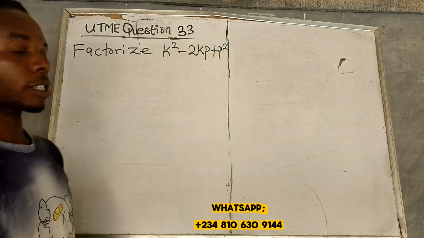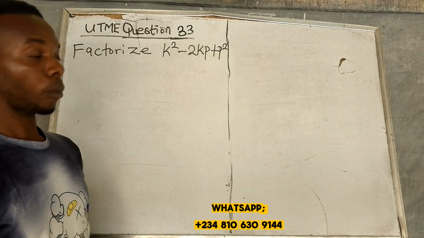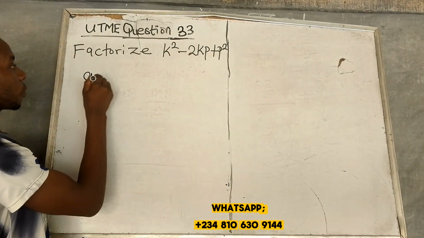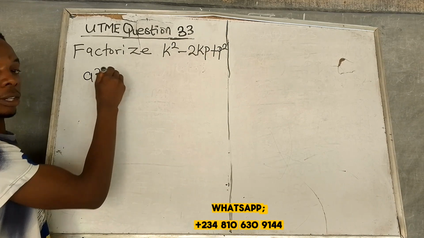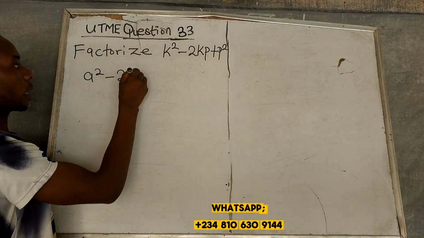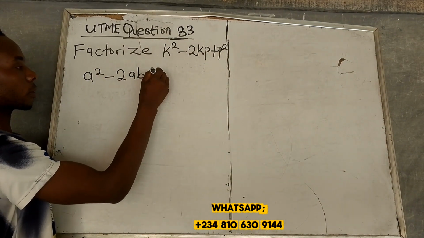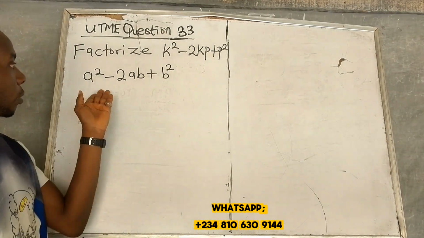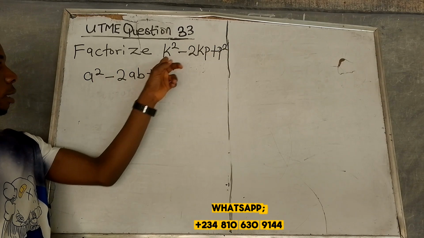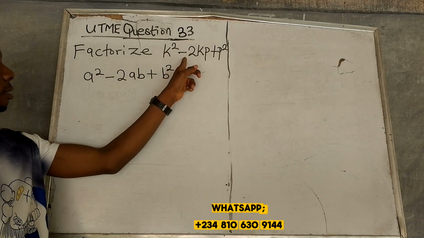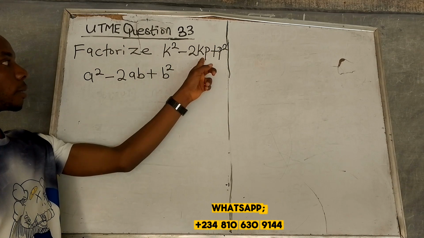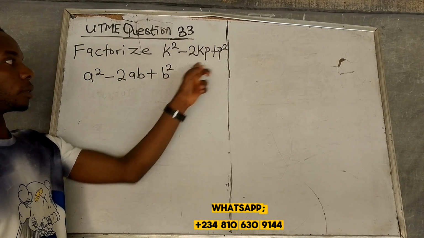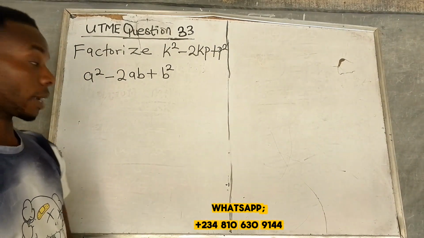Now, if you look at this question critically, you remember that it looks like this perfect square: a square minus 2ab plus b square, right? a square, which is k square, minus 2, a, that is the k, b, which is the p, plus b, which is the p square, right?